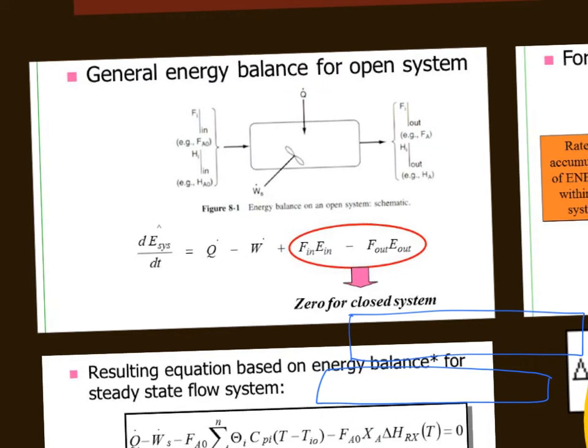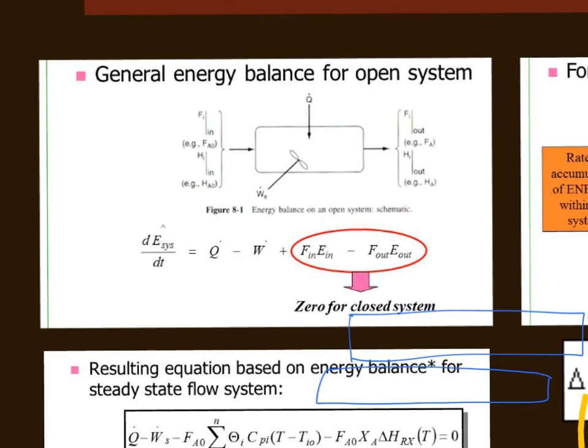Whatever comes in is basically the molar flow and the heat coming in, and then the energy that you supply, Q in, and then the work being done by the system, and this is defined as the flow rate out and the heat out.